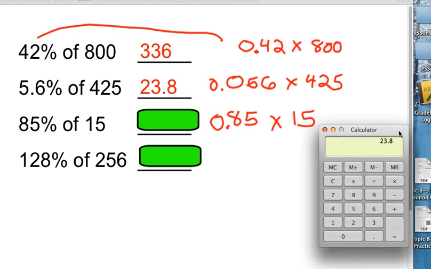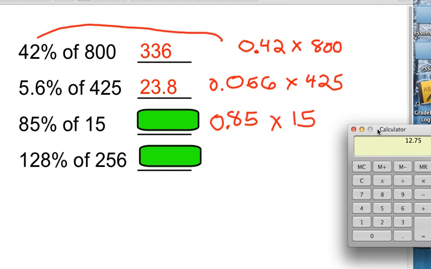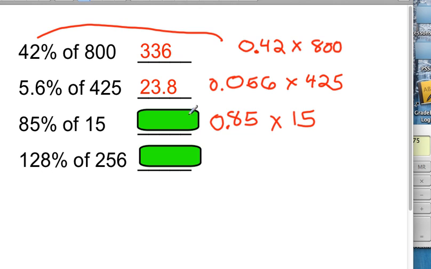And when I open my calculator up, I'm going to take 85 hundredths, multiply it by 15, and I will get 12 and 75 hundredths. When I check it, sure enough, I get 12 and 75 hundredths.